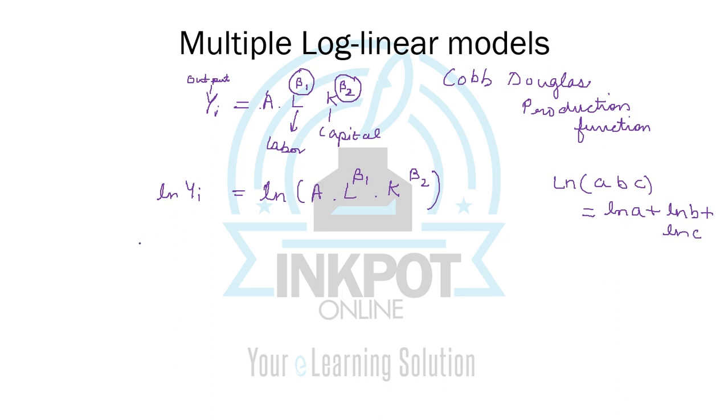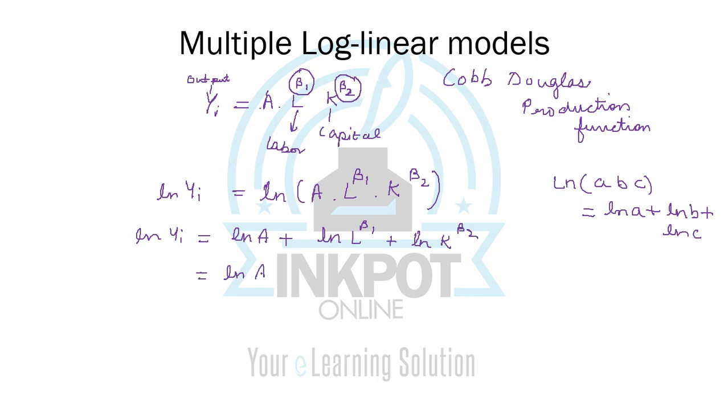So ln of yi can be written as ln of a plus ln of l raised to power b1 plus ln of capital raised to power b2.